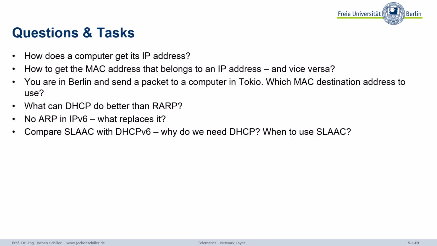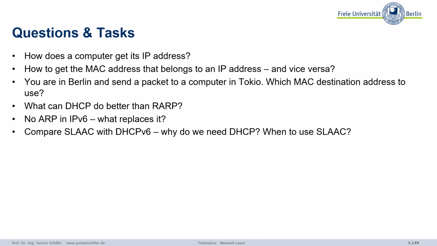Remember the example. Now with IP version 4 or with IP version 6, you are in Berlin and you try to send a packet to a computer in Tokyo. Which MAC destination address to use? Why is DHCP more powerful than reverse ARP? IP version 6 doesn't have any ARP, so the protocol is missing. What replaces it? What can we do there?